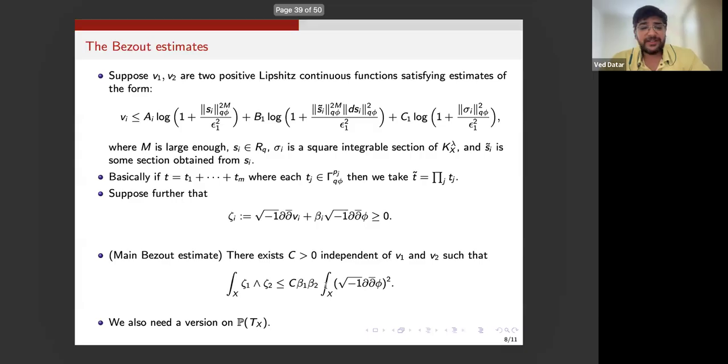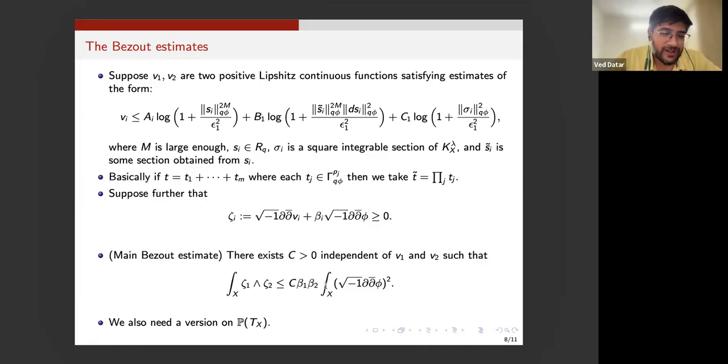I should also mention that we need a version of these Bezout estimates on the projectivized tangent bundle. And again, this is because when one applies Siu's criterion, one needs to control some Gauss-Bonnet integrals of curves, an idea that, like many of our techniques, goes back to Mach.